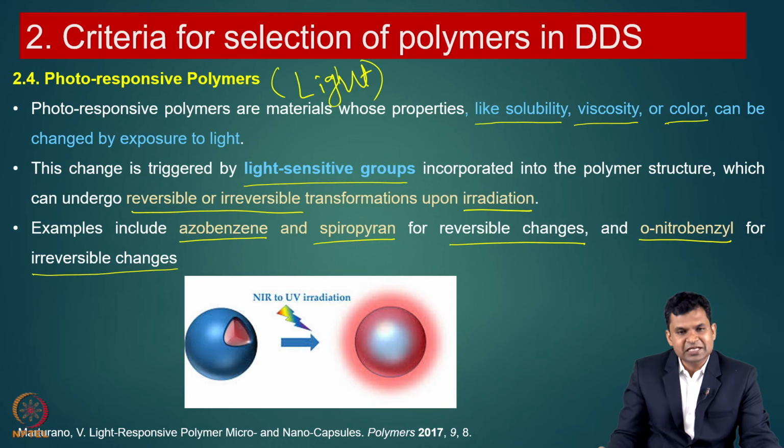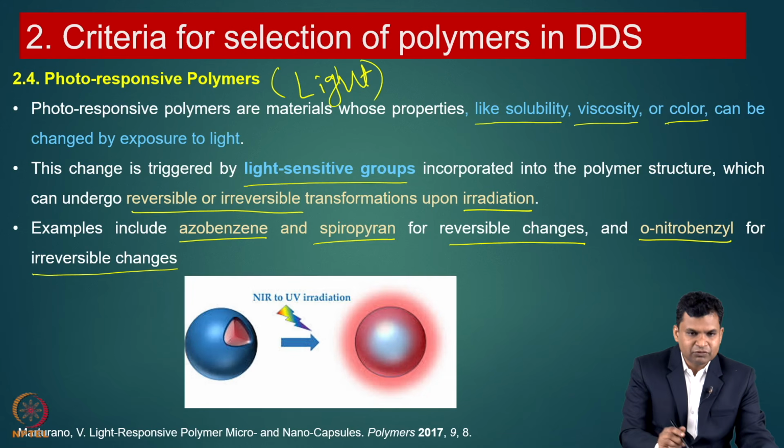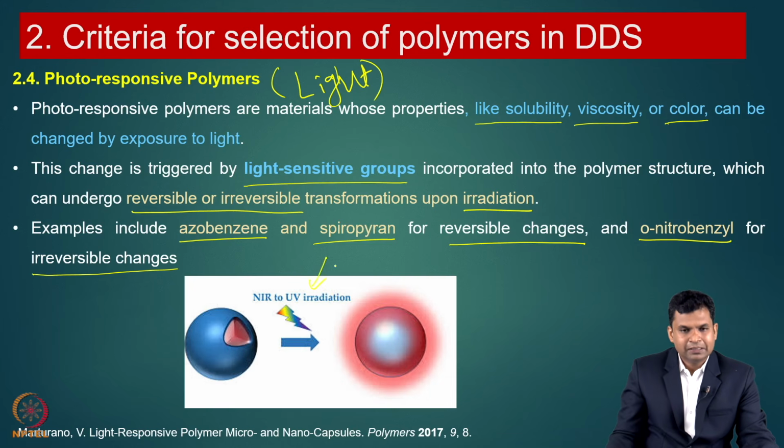Such types of molecules we can include or conjugate with the polymers, which will undergo various photoresponsive changes. Here now you can see one carrier system which responds to the light irradiation. Now, we will see there is a change after the stimuli.